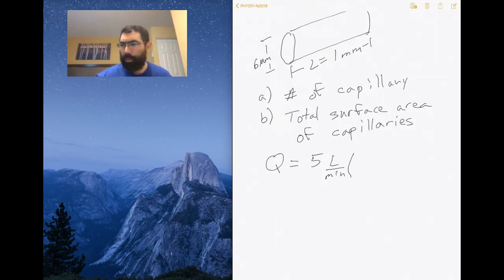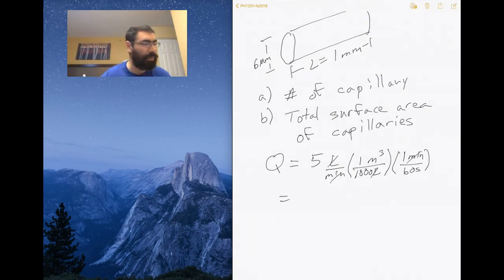There is 1 meter cubed for every 1,000 liters, and there are 60 seconds in a minute. So we can cancel out the units, and we get a flow rate of 8 times 10 to the minus 5 cubic meters per second. That's the volume of blood flowing through all of these capillaries.